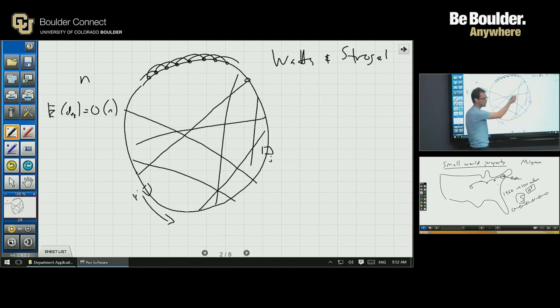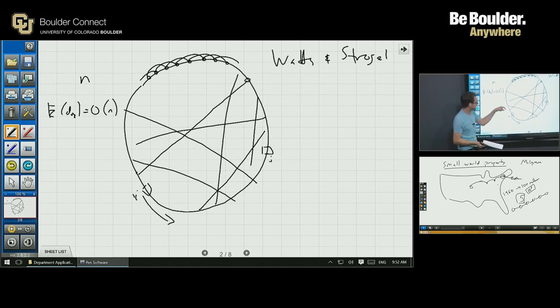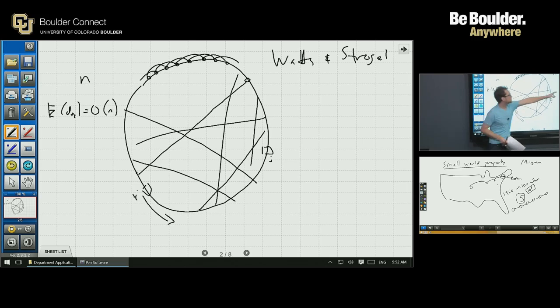It starts with the ring network, and there's some probability p that I rewire each edge that is not part of the ring itself. Every vertex has some degree bigger than 2. That makes sure the ring structure is always there. Then I have some other edges that go to my next nearest neighbors and so on, and I rewire those with some probability p.